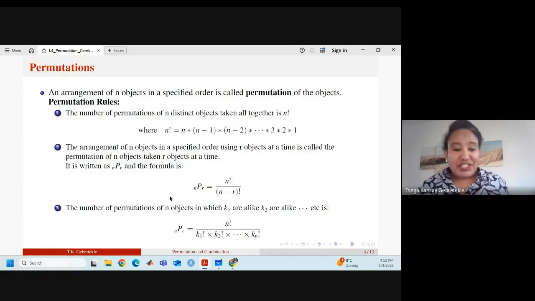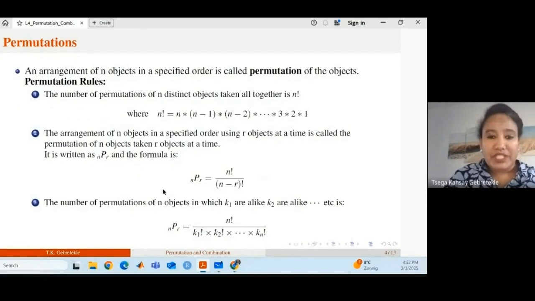Permutations are arrangements of objects. If we want to arrange objects and order is very important, then we use permutations. As an example, if we want to arrange books in a shelf, we may arrange the statistics books in the first row and mathematics books in the second row.